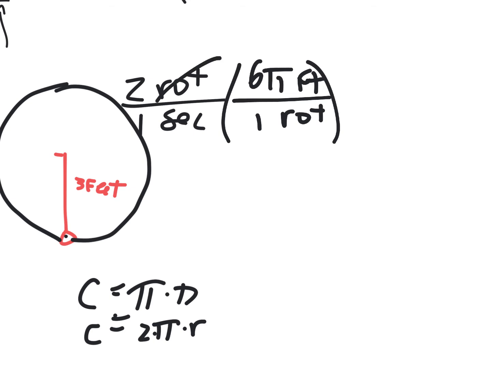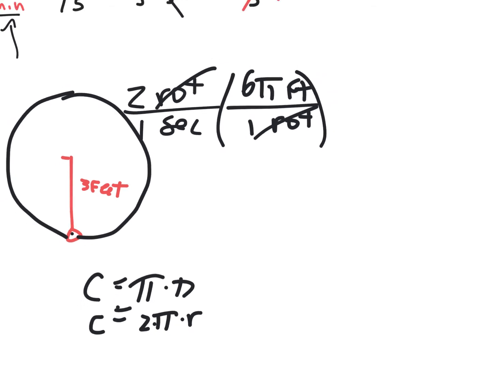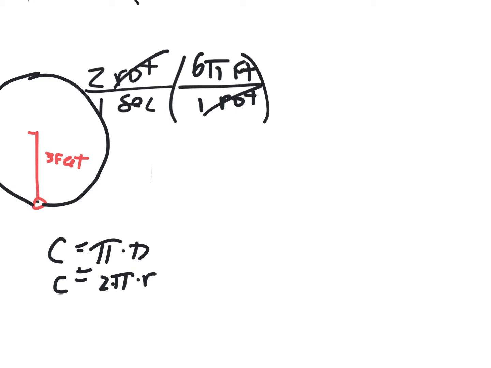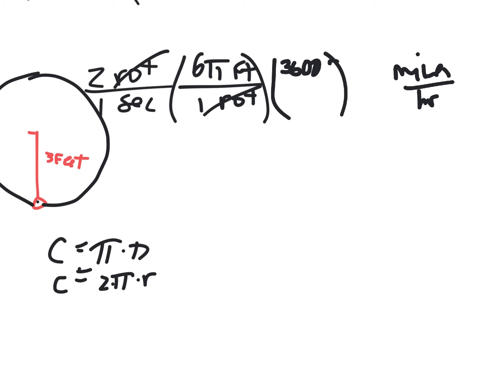All right. And if this is 6 pi feet, then I've got it down to feet per second now. Is that what I wanted? No. Jacob, what did I want? Miles per hour. I haven't got either unit that I want yet. I got feet per second. Okay, I better get working. I'm going to get the seconds out of there. And I'm going to do something that's kind of complicated. 3,600 seconds is 1 hour.